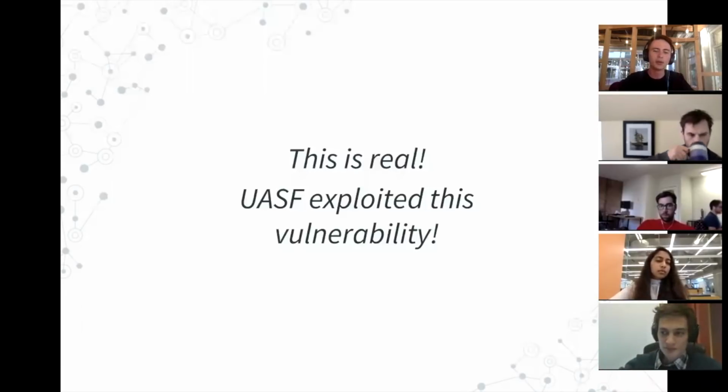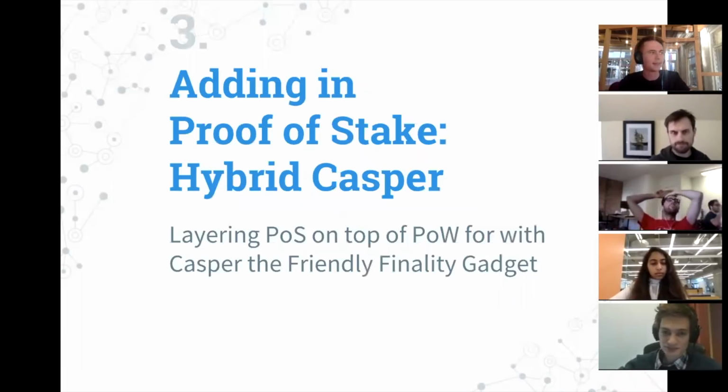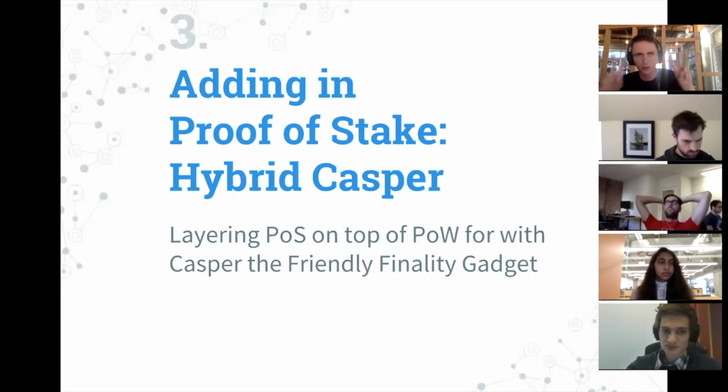If a group of validators validates a checkpoint and it is finalized, there is a guarantee that the checkpoint is not going to be reverted. Even if the validators stopped validating on that fork, it wouldn't change the fact that the block is in the quote unquote main chain of that fork.